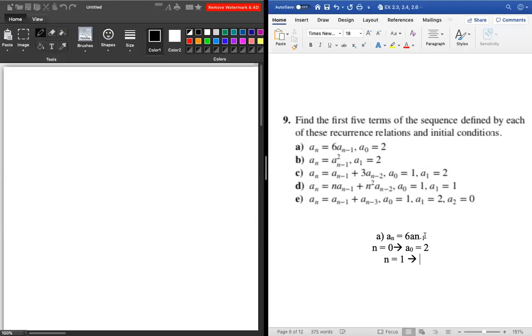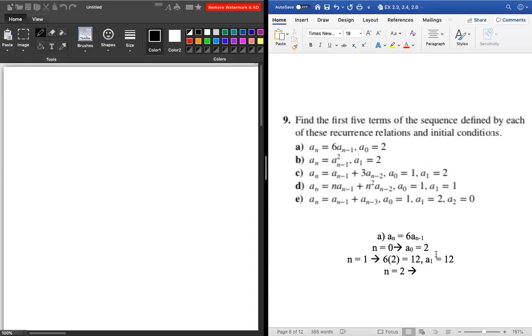So 6a_{1-1}, and 1 minus 1 is 0, so 6a_0 is 6 times 2, which is 12. So a_1 equals 12.